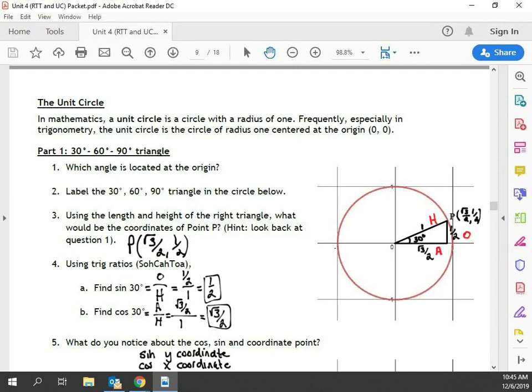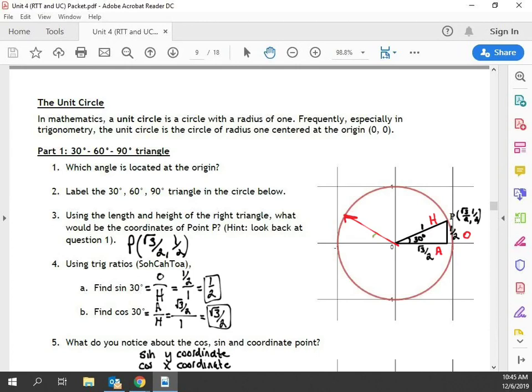Do y'all remember reference angles? What is a reference angle again? How far it is from the angle. So if I have something like this, where do I draw my angle symbol to represent my reference angle?